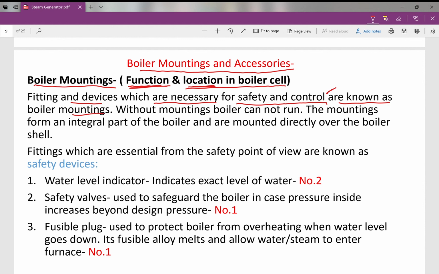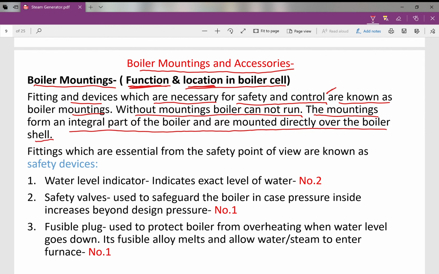Without mountings, a boiler cannot run. So please remember, for proper running, boiler mountings are a must. Mountings form an integral part of the boiler and are mounted directly over the boiler shell.